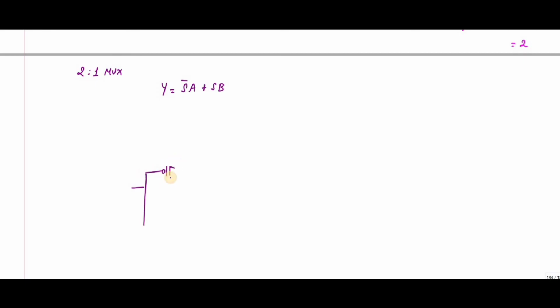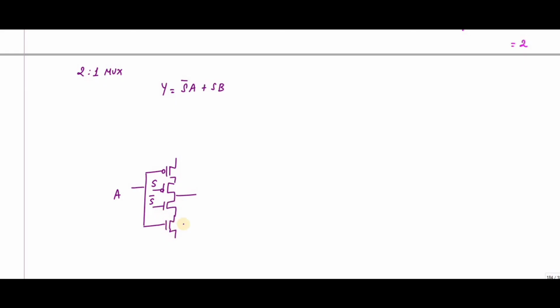This is my A, and I need to connect S bar here.